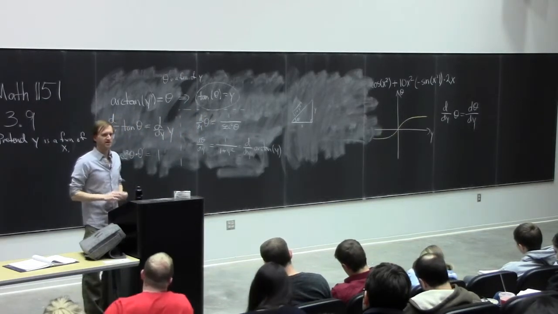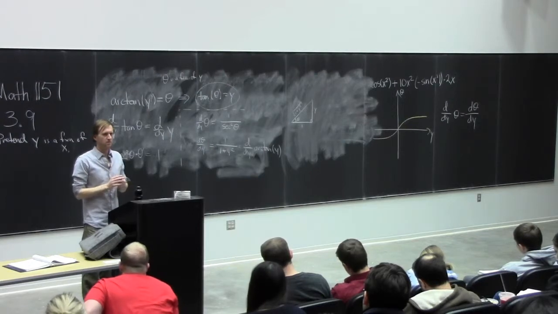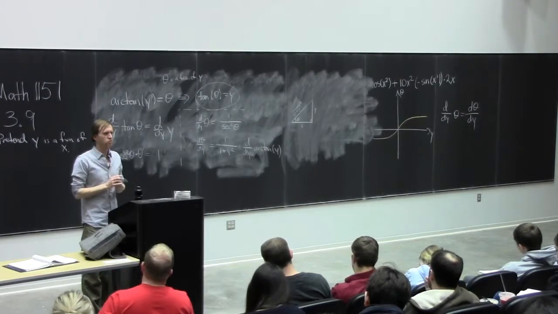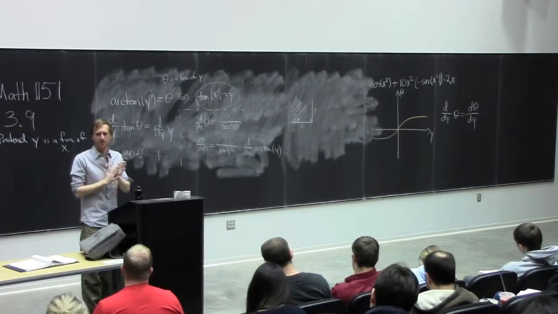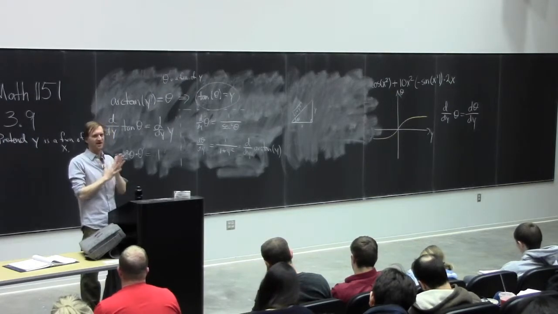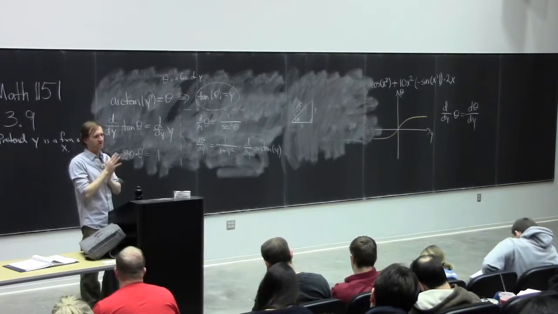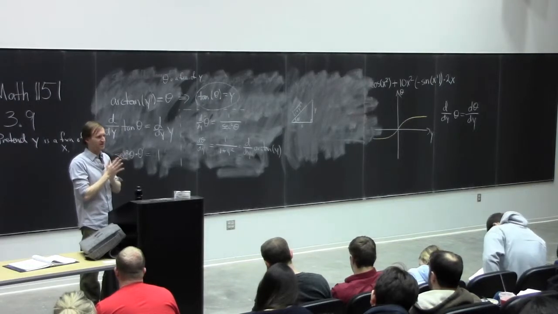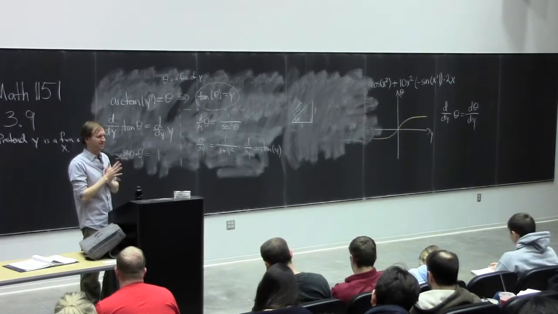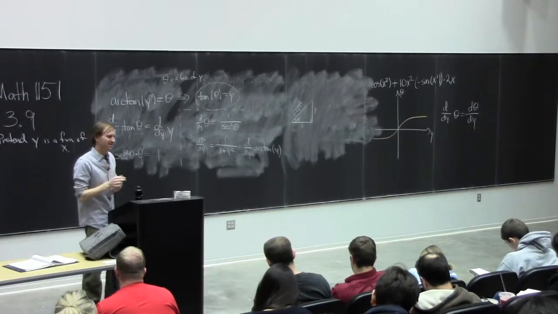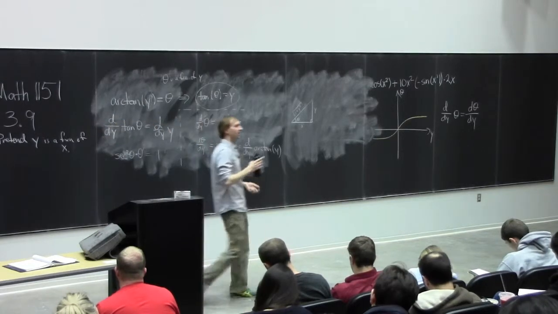So what's the derivative of arctan of y? It's 1 over 1 plus y squared. What's the derivative of arctan of x? 1 over 1 plus x squared. This is weird, right?